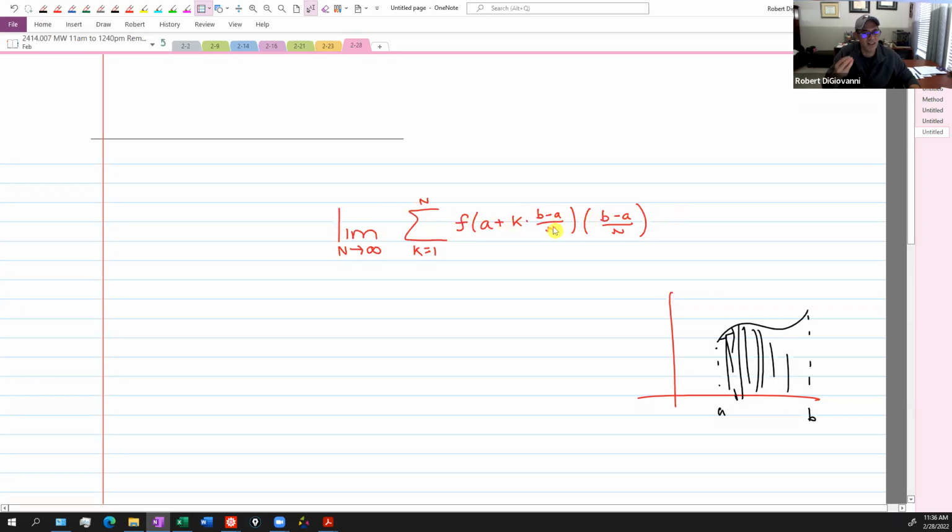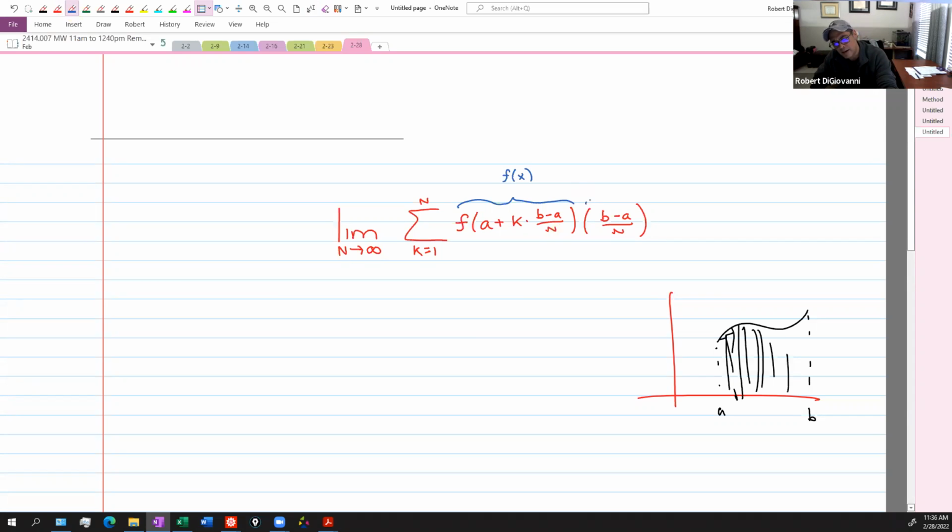So maybe there's a more condensed way I can write this. Instead of writing all of this, you all agree that that's just the height of the function? Each one of those is just the value of the function at some point. Why don't we just abbreviate it with f of x? That's the height of the function.